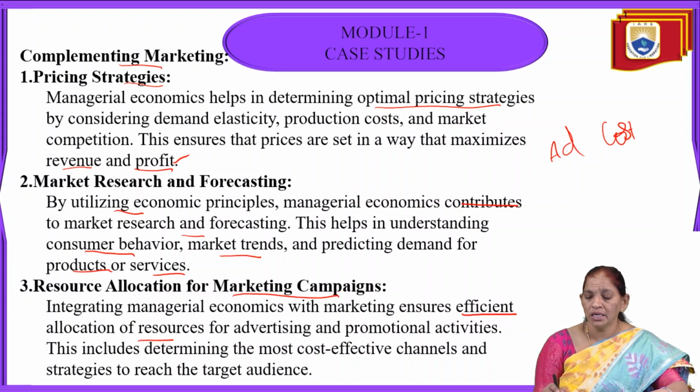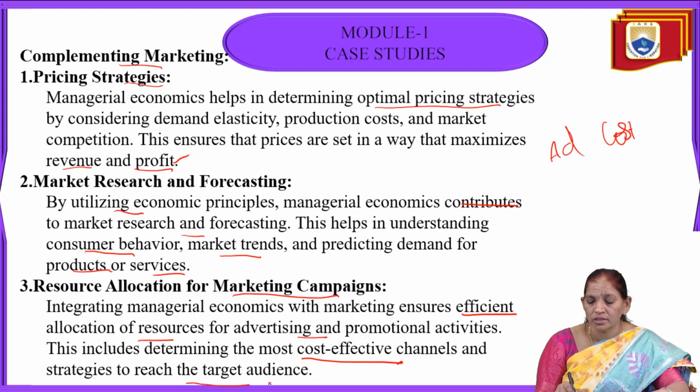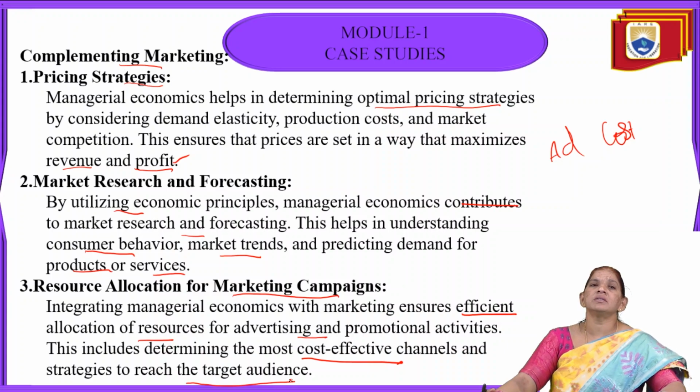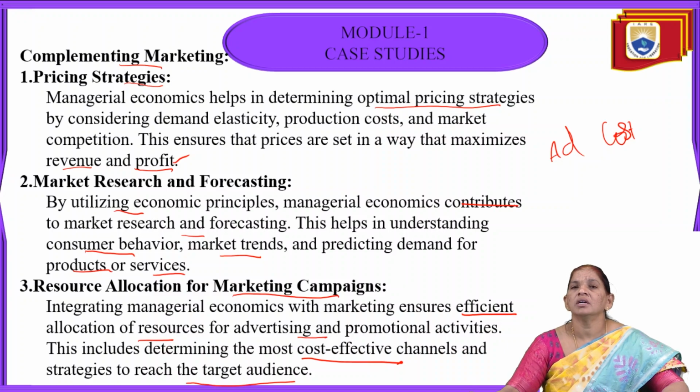and promotional activities. With these, more cost-effective channels and strategies are evolved in order to reach the targeted audience. It means a wider publicity or wider campaign is done, and a promotional tool makes the product familiar to the consumers.